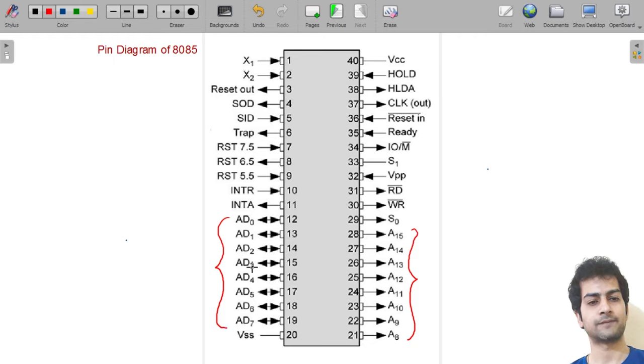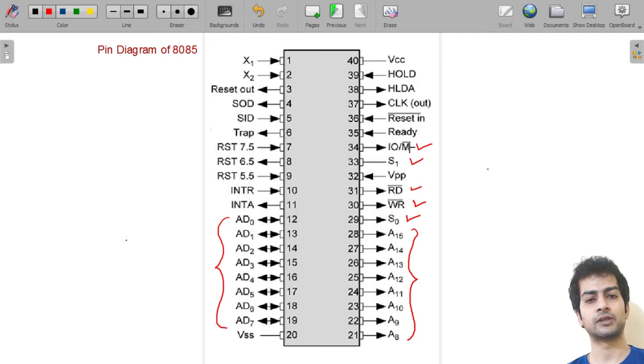It is represented by pin number 12 to 19. And then we will discuss control signals like read bar, write bar, and we will also discuss some status signals like input output memory bar, S1 and S2. So this is my first group.